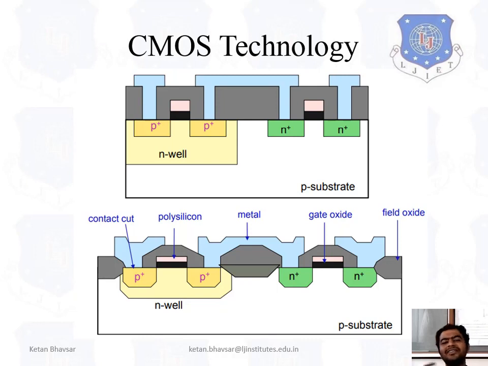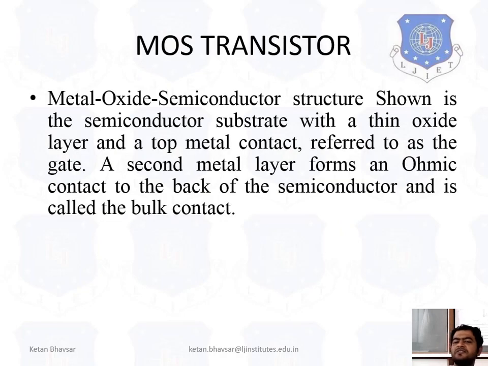Now we go into depth and see the MOS structure, how it looks. First of all, what is a MOS transistor? A metal oxide semiconductor structure is shown on a semiconductor substrate with a thin oxide layer and a top metal contact referred to as the gate.